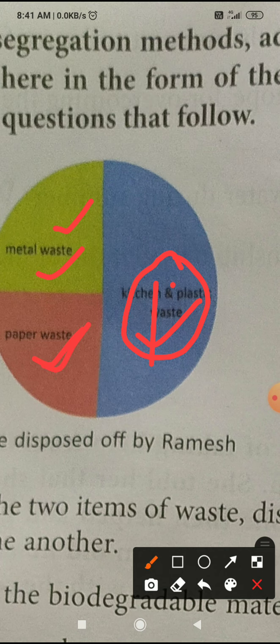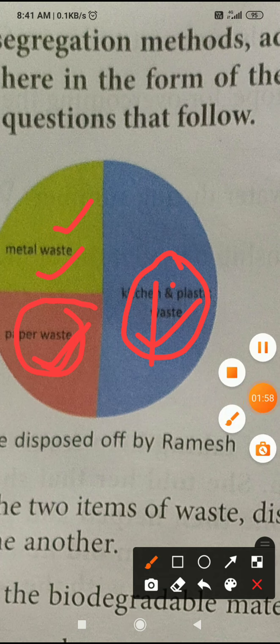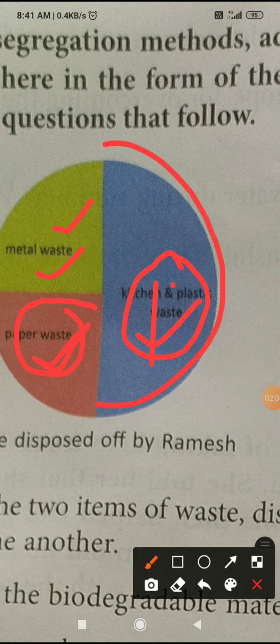We are purchasing things these days, and the shopkeeper gives us a paper bag, so that paper waste material is collected. It is segregated by Ramesh.